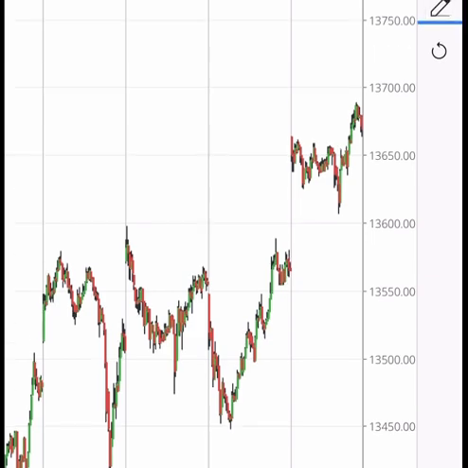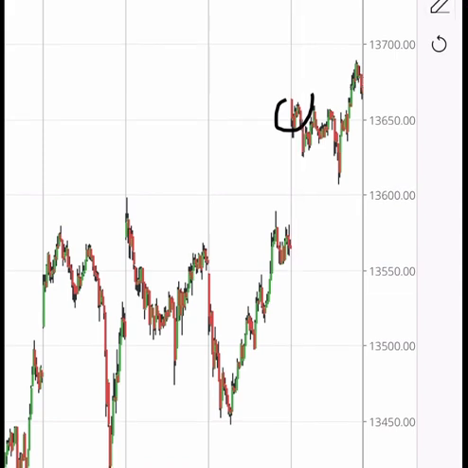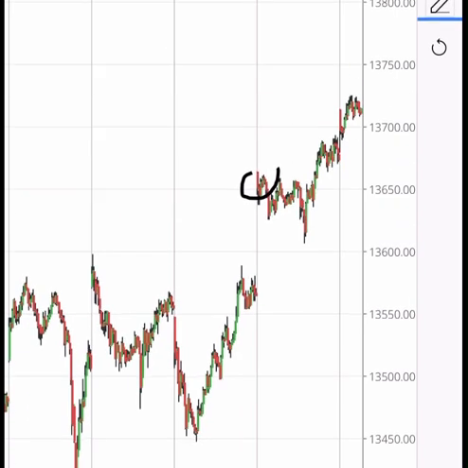See, on this day guys, the market opened with a huge gap up of more than 1%. Then right after market open, and after some time, the market continued to go up.